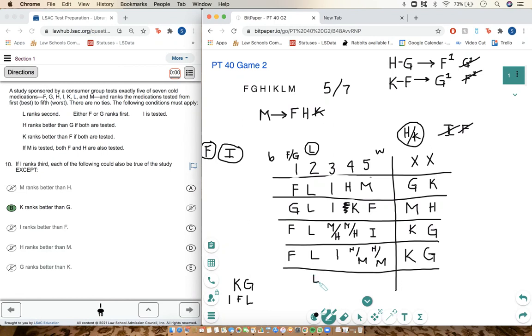So L is going to go here. And because we have K and F together, G is the one that's going to go first. And then we have to have K before F. So we could do something like K, F, I. And then we know H can be out. And then the other letter to be out would be M.